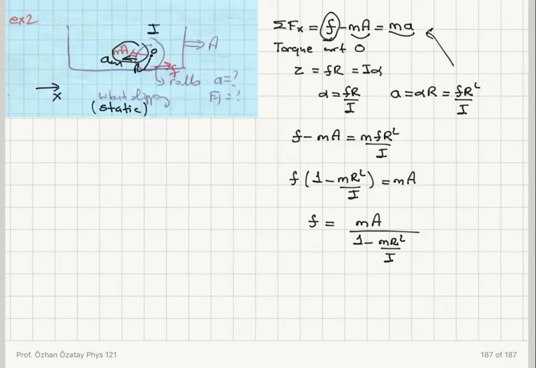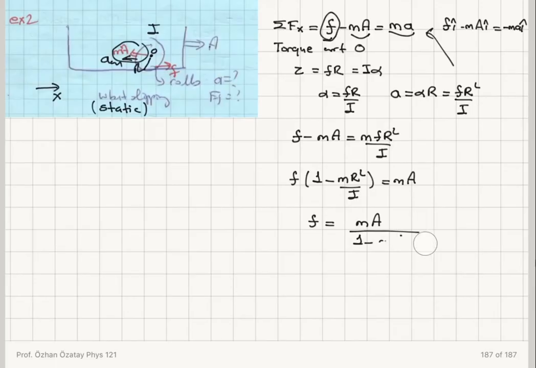It will be rolling backwards. So there should actually be a minus sign here. So this is F i-hat minus ma i-hat. So you have to be careful with these directions.